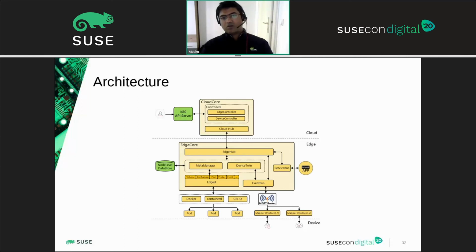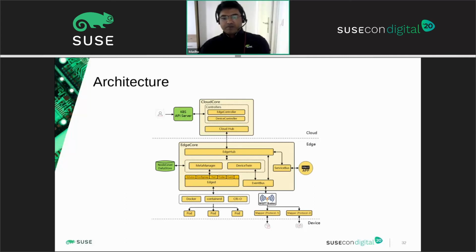The cloud hub receives the communication from the edge part, and it keeps data of the edge devices available and the state of the edge device and the devices that are in the ecosystem. So it basically keeps an inventory, and this synchronization keeps happening at frequent intervals.